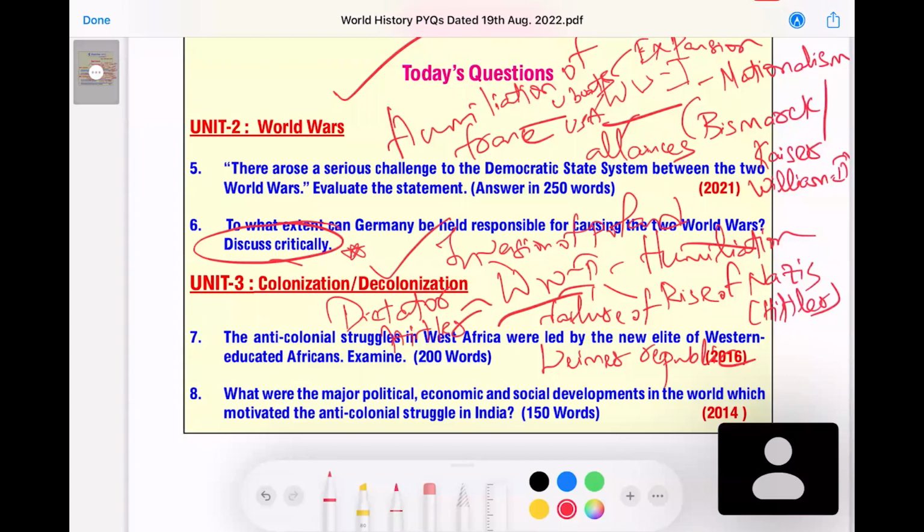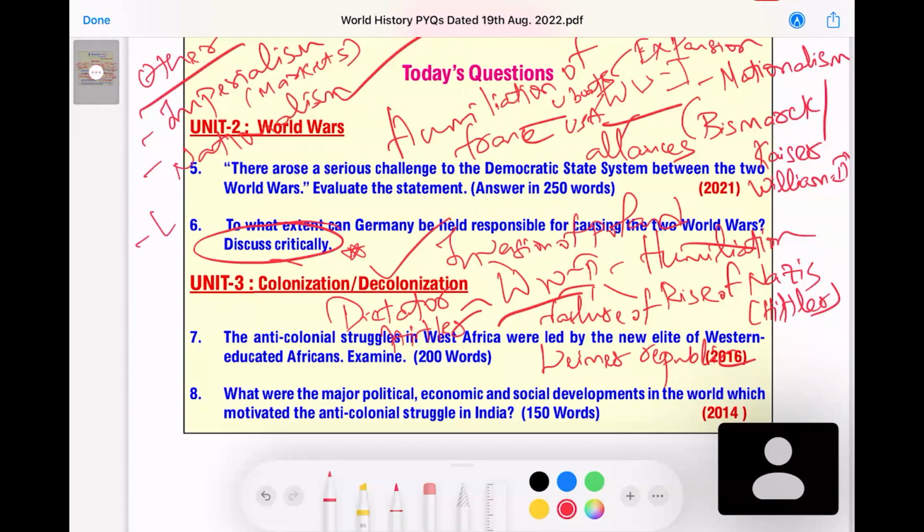And then what are the other reasons for the world wars? First is the imperialism. Okay, imperialism. Imperialism is nothing but the greed for markets. Excessive nationalism.